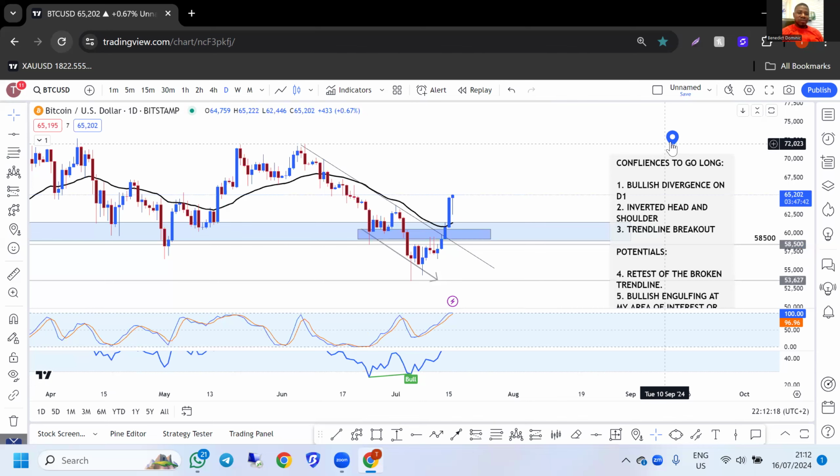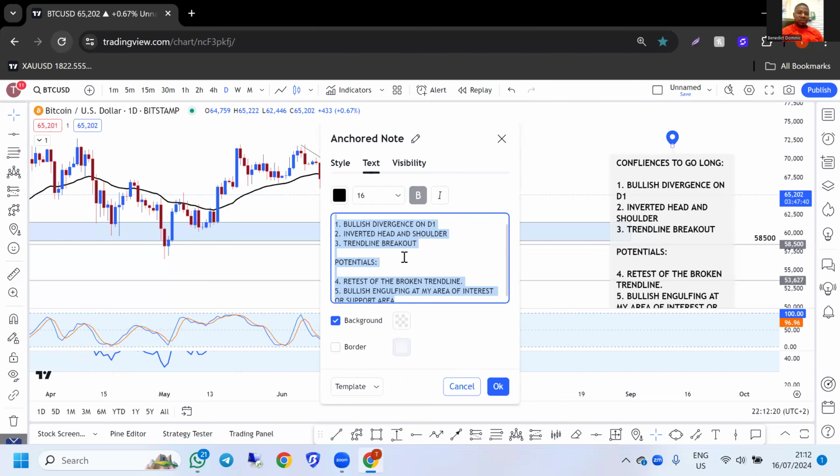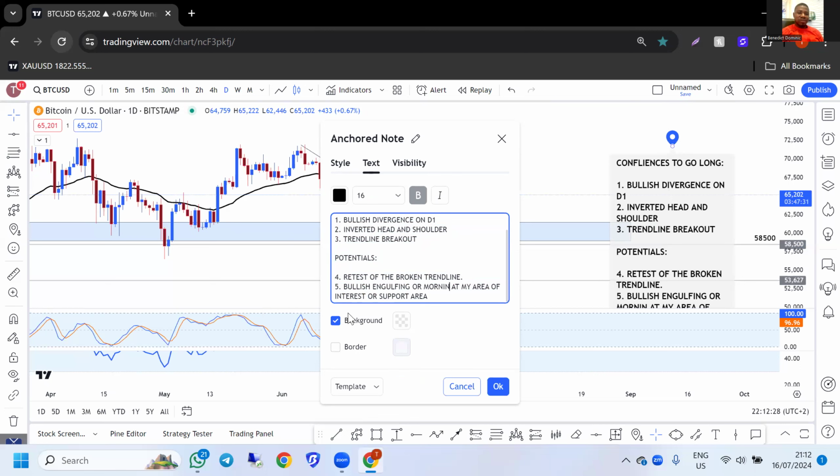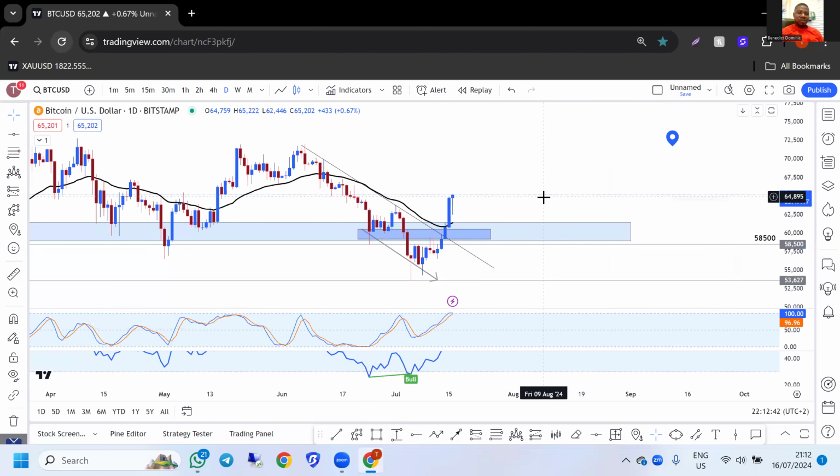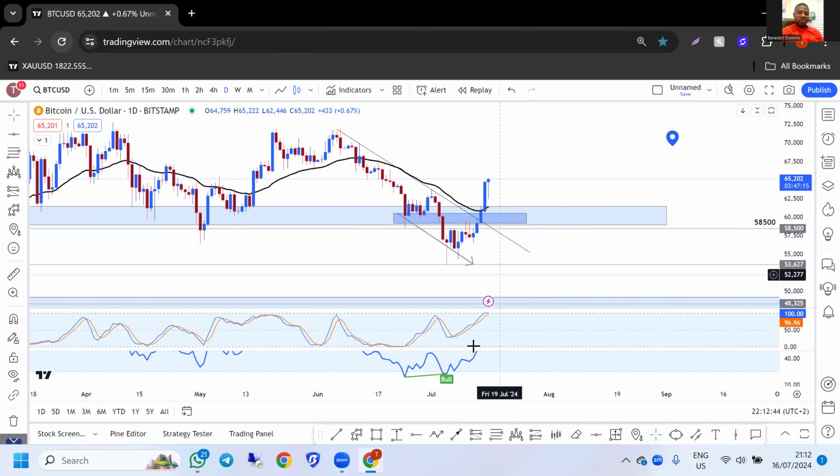Okay, so bullish engulfing or morning star candlestick pattern. So that is that. Okay, so this is what I will be looking out for.